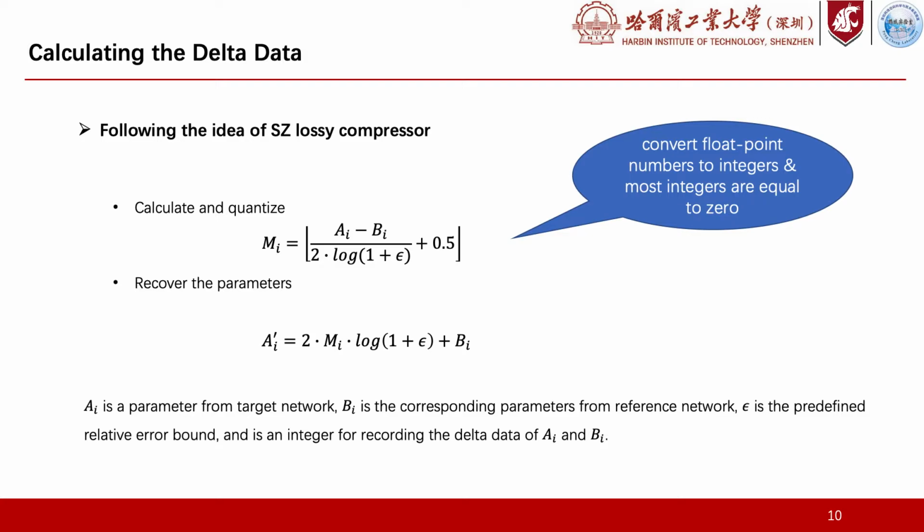In this step, we convert floating-point numbers to integers, and according to the data similarity we observed, most integers are equal to 0. That means they are highly compressible. And with the delta data M_i and the reference network parameter B_i, we can easily recover the target network parameter A_i, as illustrated in the second equation, with a limited loss based on the error bound.